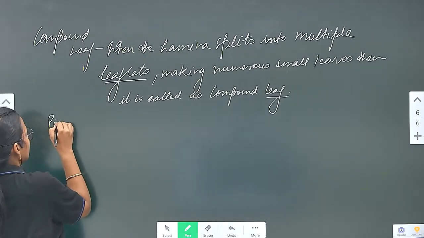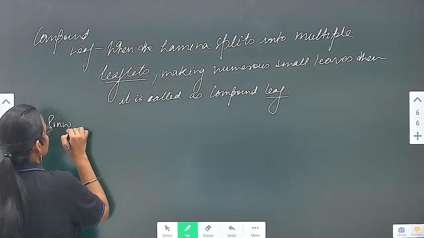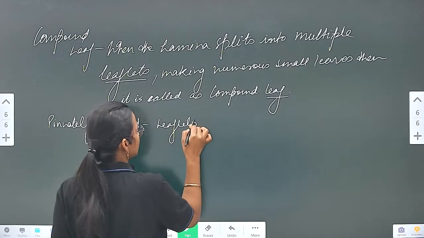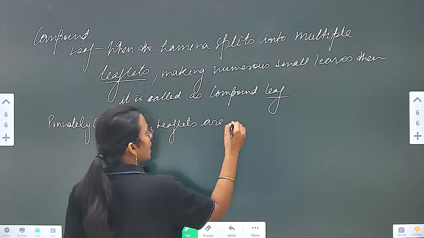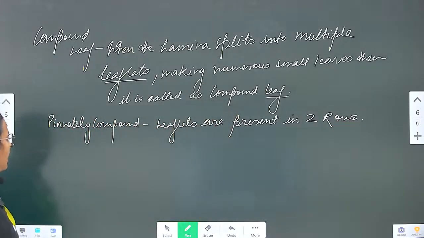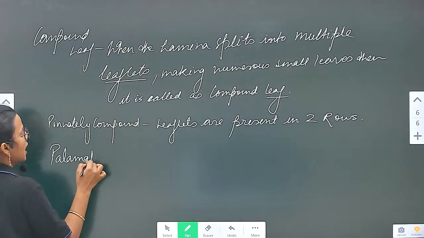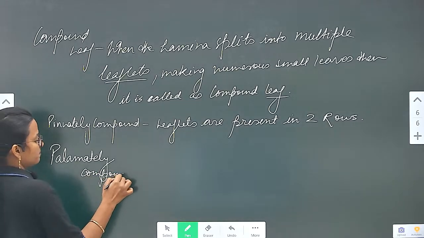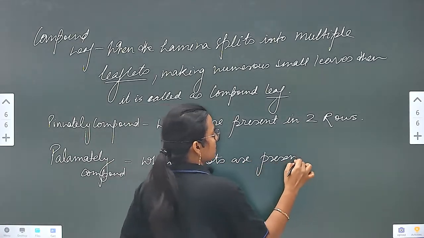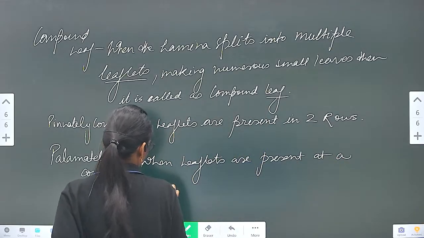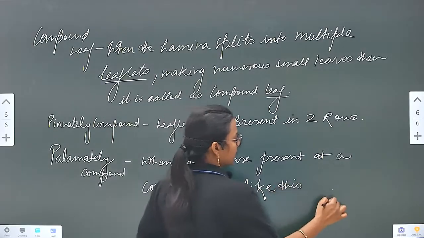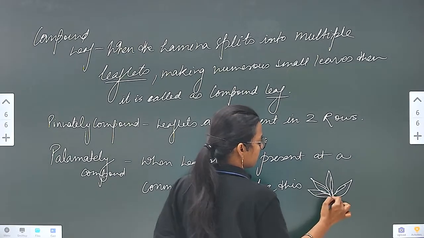We have one, the pinnately compound, when leaflets are present in two rows, then it is pinnately compound, and when leaflets are present at a common point like this, this and this, it is palmately compound.